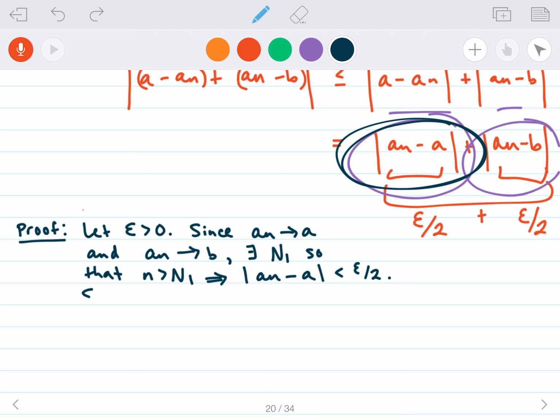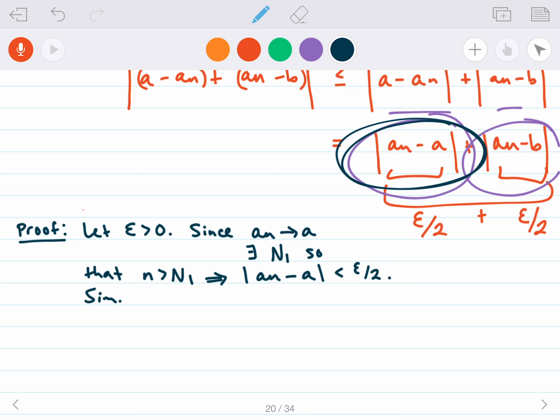Okay, so similarly, well, actually, maybe I should have just said it like this. I should have said, let epsilon be bigger than 0. Since a_n converges to a, there exists an N1 so that this is true.